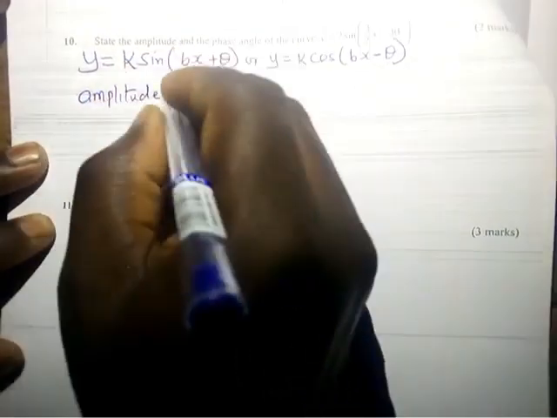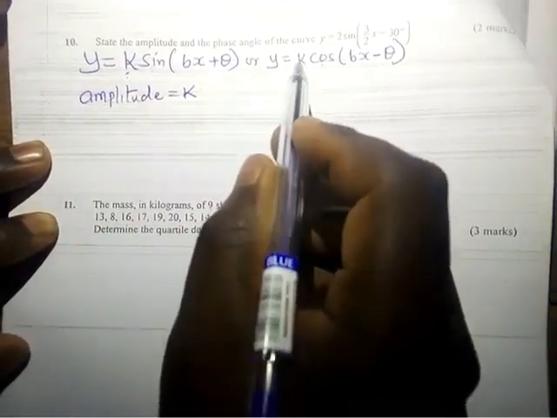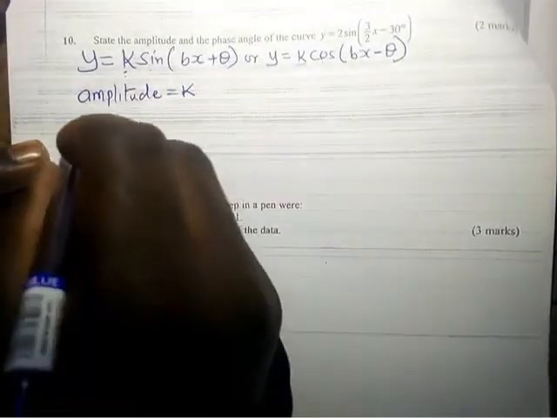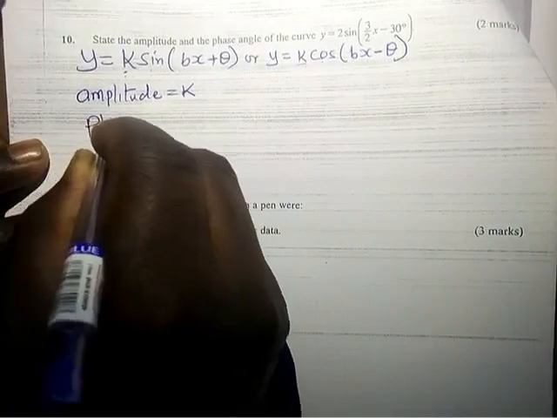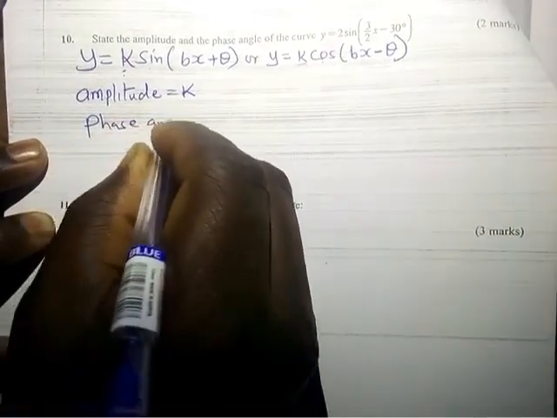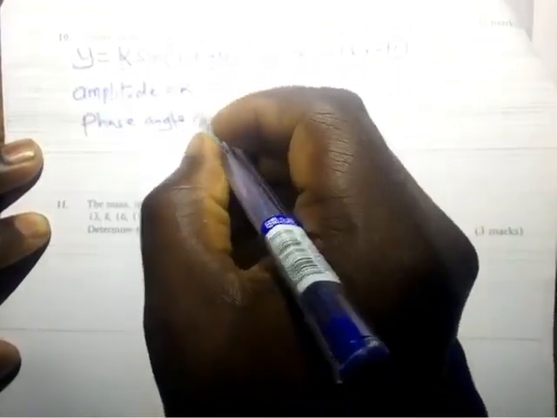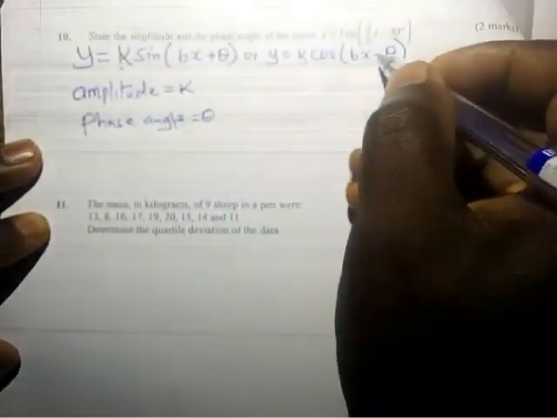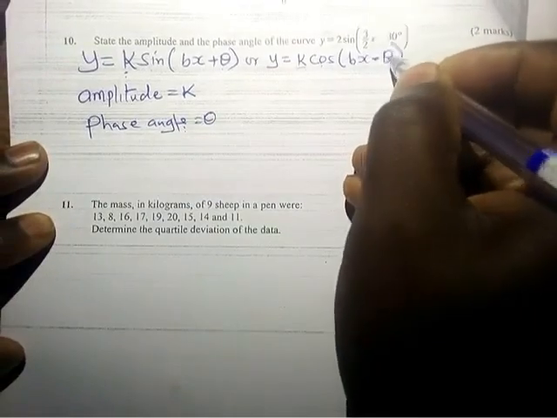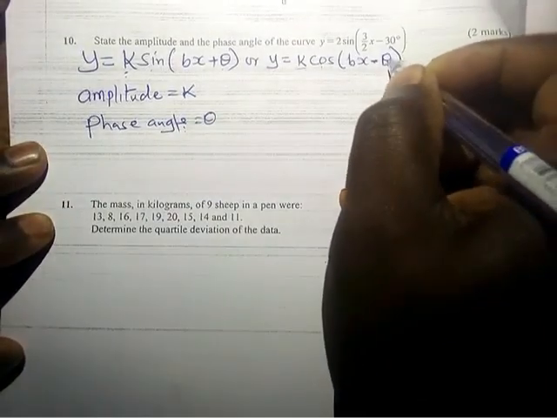So amplitude is equal to k. Ile namba ambayo iko kwa sine inakuja before sine ama tan or what ndio inaitwa amplitude. And then phase angle is equal to theta. Hata kama iko negative theta, negative angle, you just take the positive side.